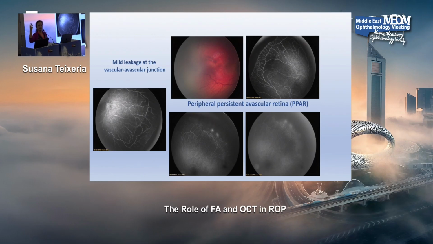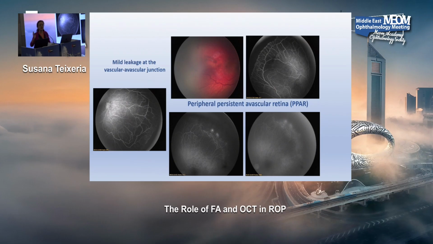If it has photoreceptors that function, it needs oxygen, so it's ischemic. If it does not have peripheral photoreceptors functioning, it does not need that oxygen. And we still don't know the answers. We just have indirect proofs that there is some kind of activity or not in this peripheral retina.